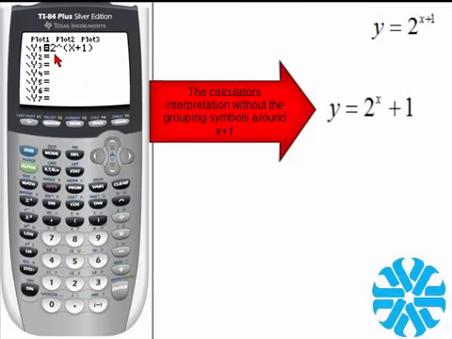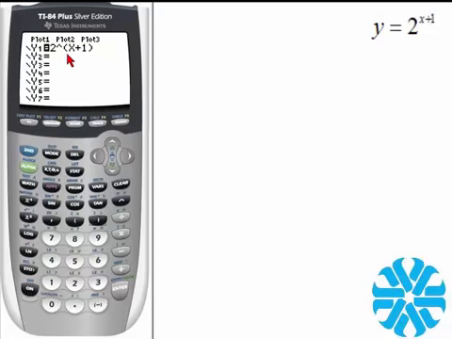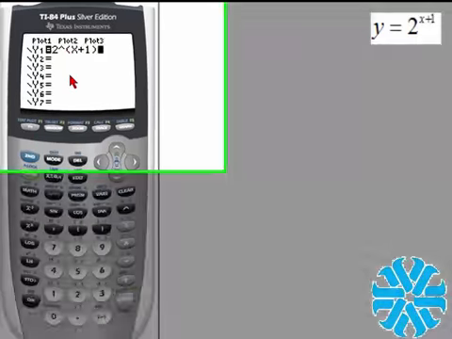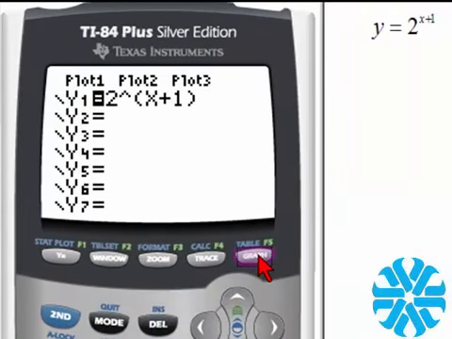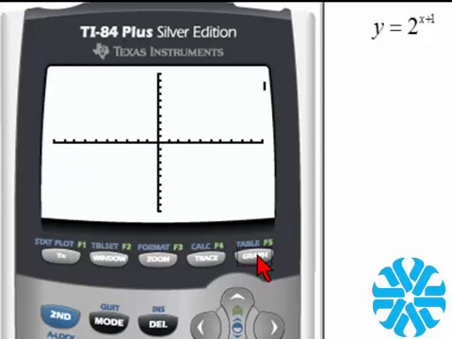So you can see how the calculator would interpret this just to the right of your screen. So it's very important that you put grouping symbols around the exponent. Alright, so we're ready to graph this. So we go ahead and select graph. And there's our function.